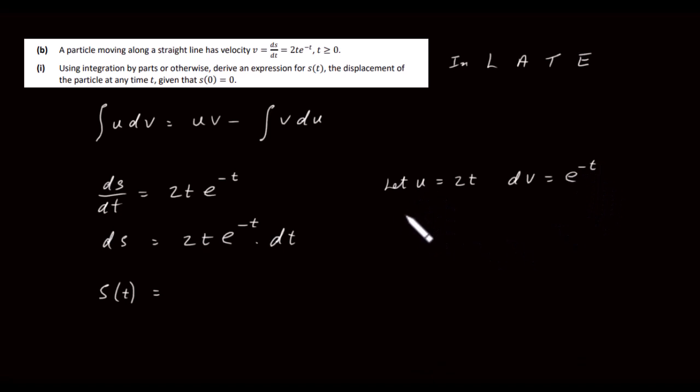Differentiate the u, here you get du/dt is equal to 2, or du is equal to 2 dt. On the right hand side, we can just integrate both sides.